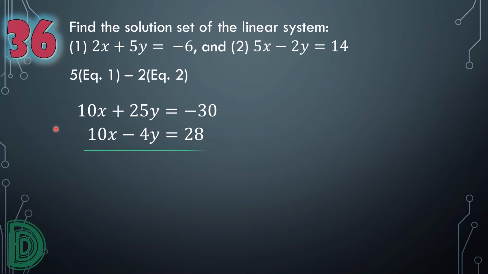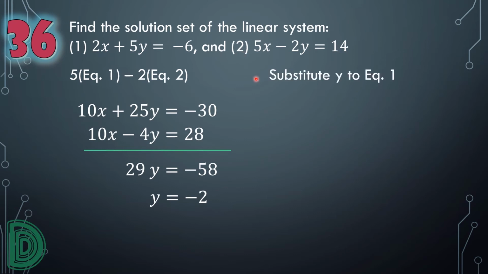Subtracting, we'll get 29y equals negative 58. We divide both sides of the equation by 29, then we will get y equals negative 2. Next, we substitute the value of y to either equation 1 or 2. Let us choose equation 1.